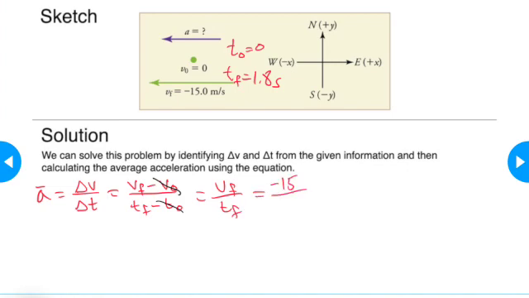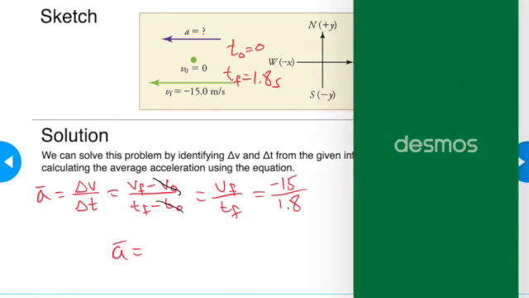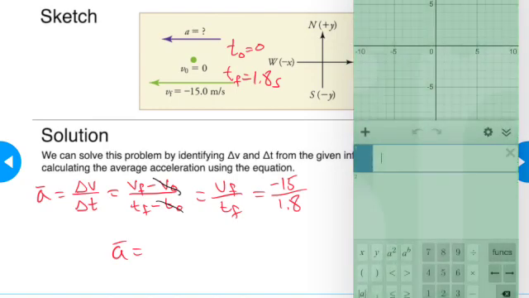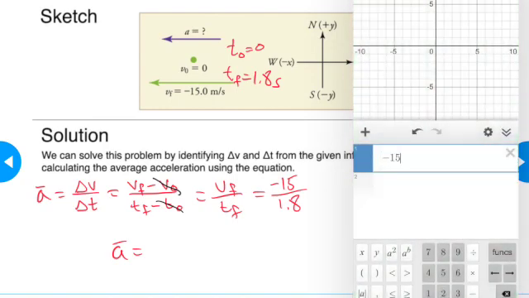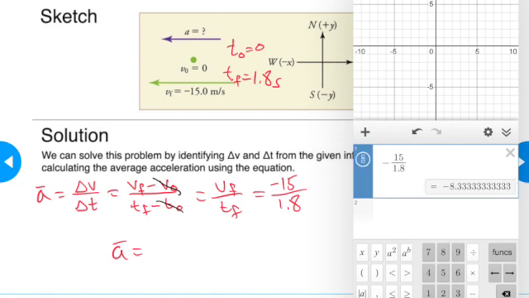which is negative 15 over 1.8. And when we plug that in the calculator, negative 15 divided by 1.8 is negative 8.33. Forgot the negative.